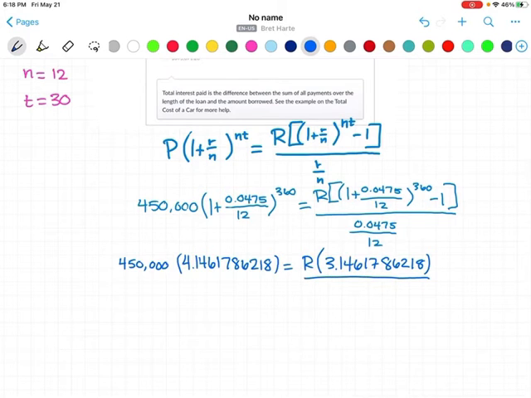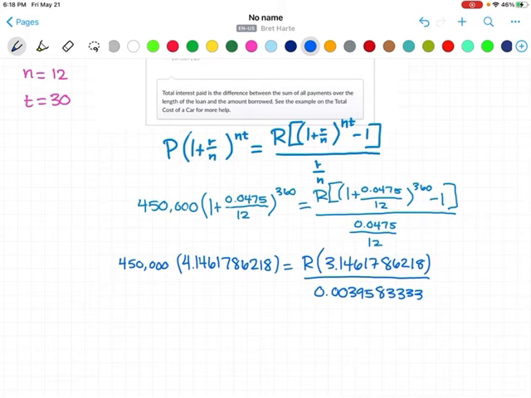Let's convert that to a decimal, and that is 0.003958333.